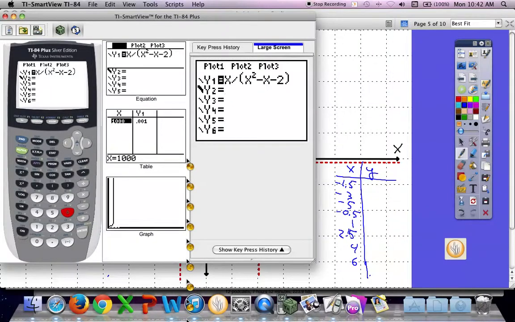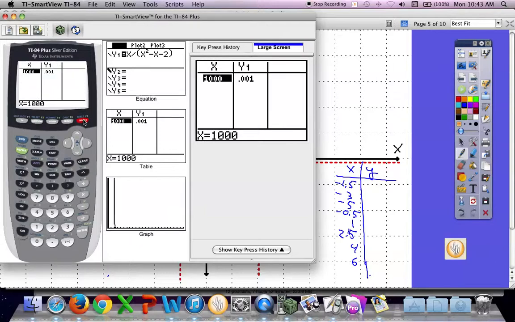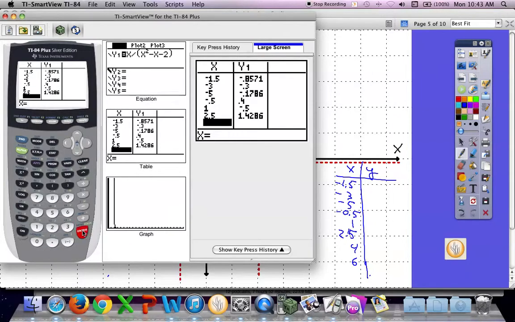So in the table of values, second graph: negative 1.5, negative 3, negative 5, negative 0.5, 1, 2.5, 4, and I'm going to have to wait for a second on 6.